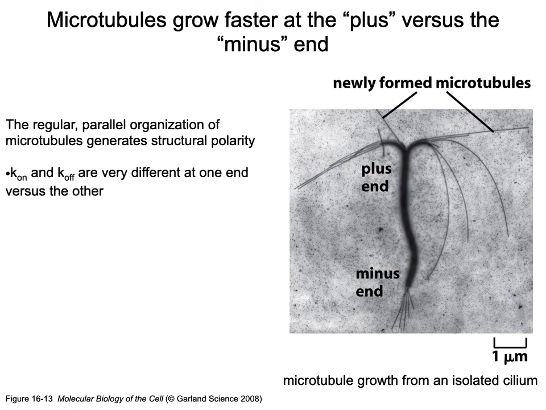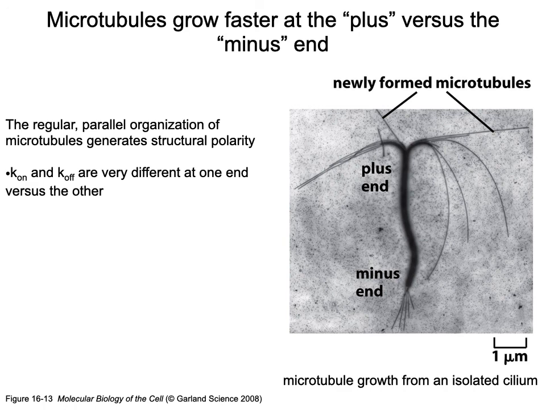You can see how we have our plus end. The plus end is where we're going to have faster growth, and that's because the K on, or the rate of new subunits adding on, is going to be faster than the K off, or the rate at which subunits are coming off.